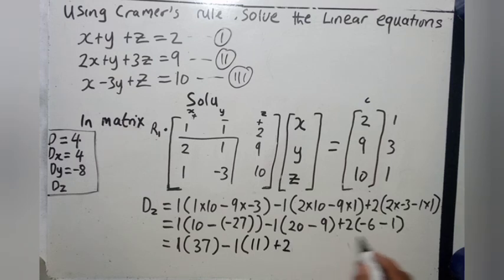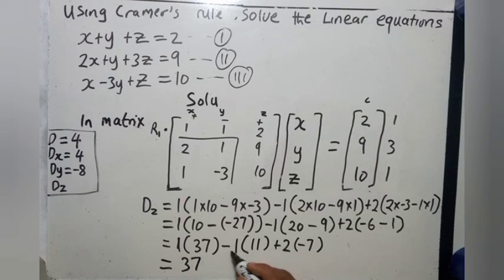Plus minus 6 minus 1 will give us what? Minus 7. So when we open the bracket, we have 1 times 37 minus 1 times 11, 2 times minus 7, minus 14.